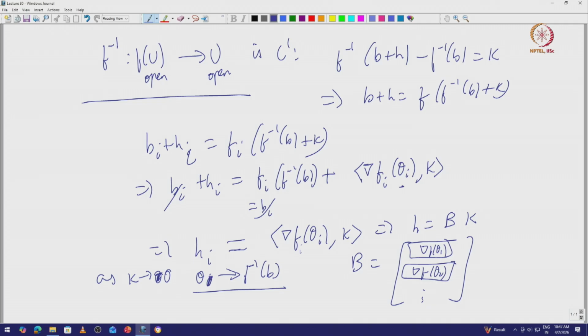Let me put it this way, the theta vector, if you wish, goes to f inverse of b. Theta_i vector, this is a vector technically, despite the subscript i. For all i, this is true. All right, so how does that help?